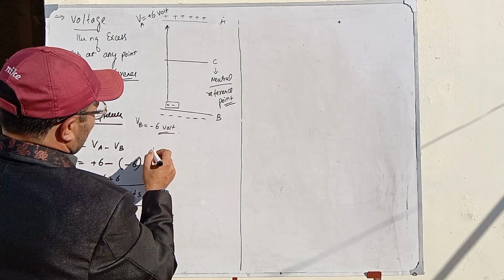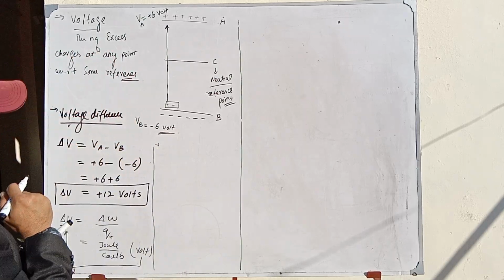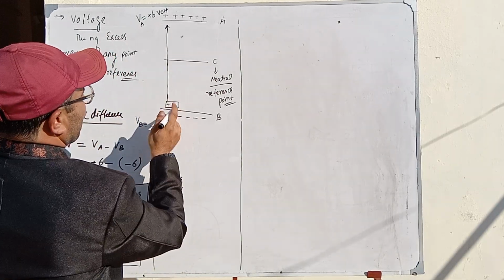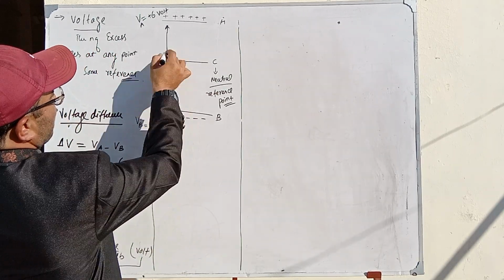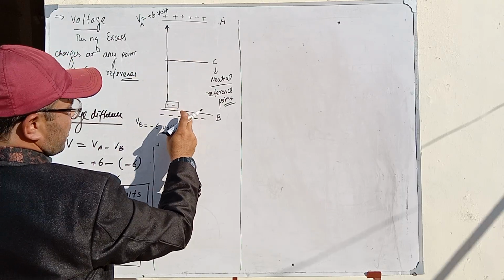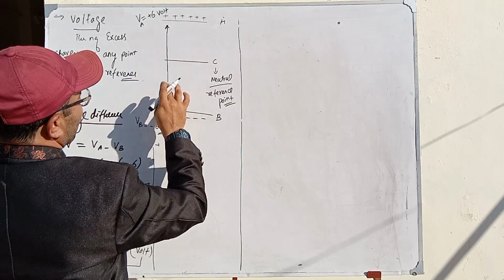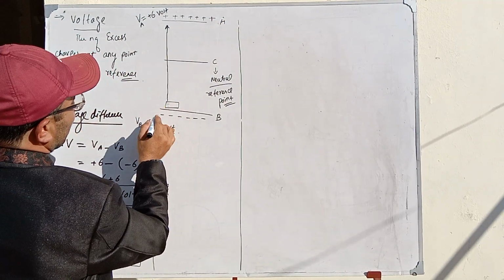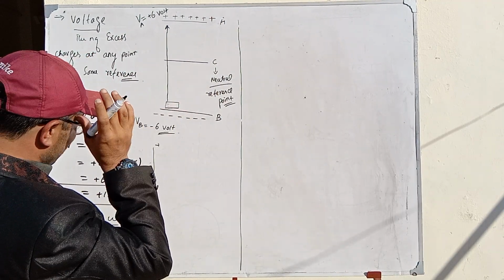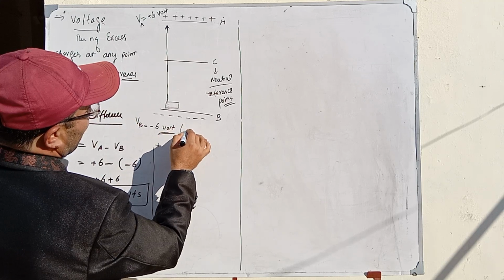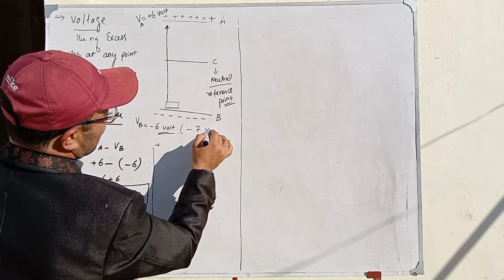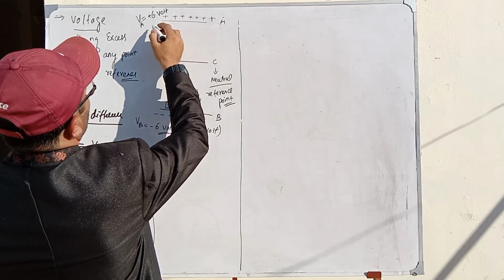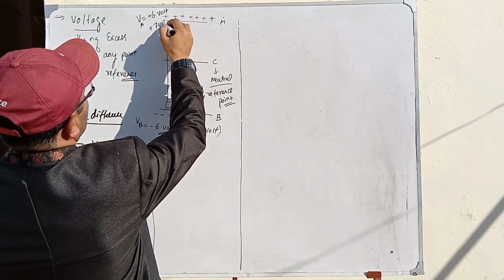So after that, when I move this positive charge from point B to point A, here I will add up one positive, and here I will add up one electron, and I will get 7 electrons, and here I will get plus 7 volt.